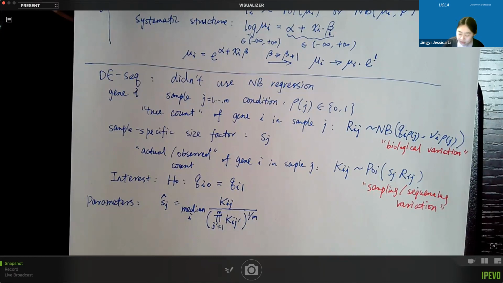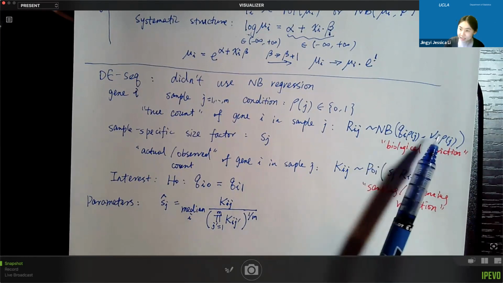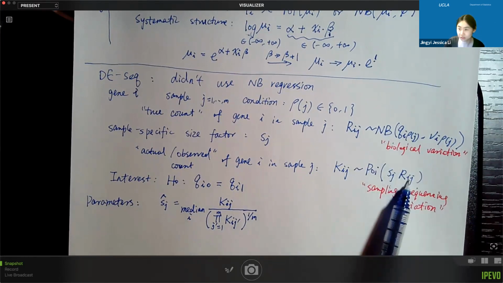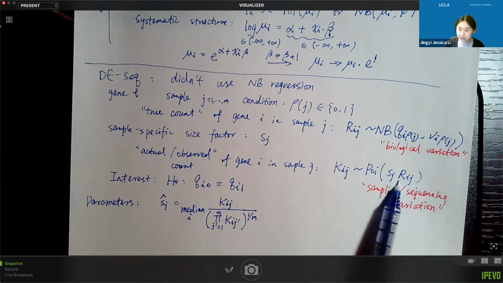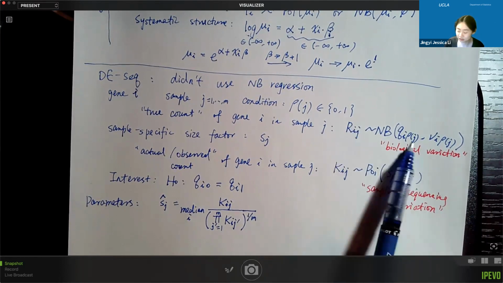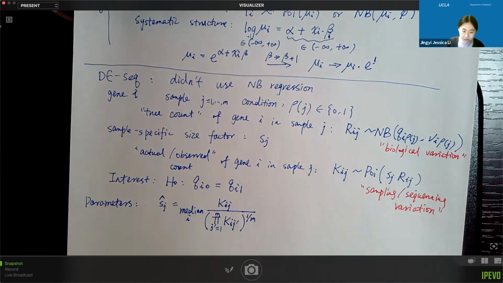Okay, and given this Sj hat, we need to estimate other parameters, essentially Q and mu, right? These two things. This Rij we don't need to worry about because it's an intermediate variable. We are only concerned with these two parameters. So what did they do?